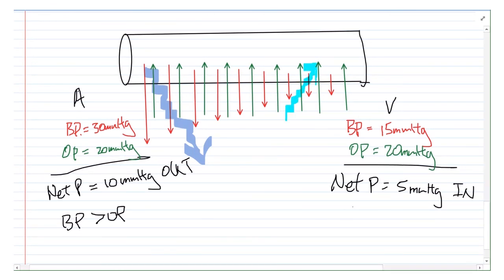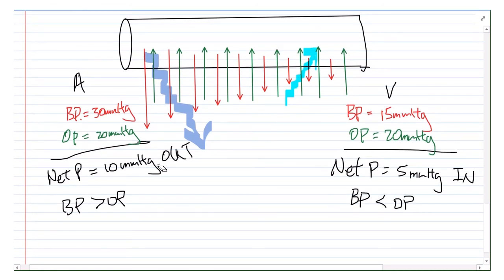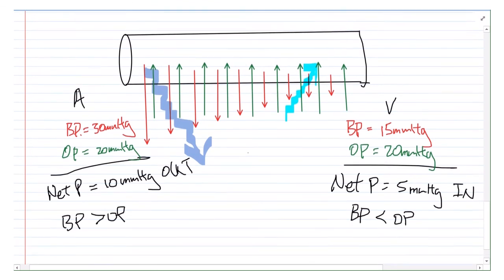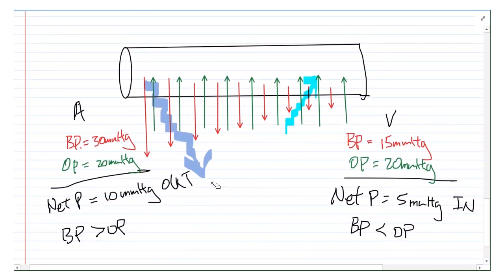Over here, BP is less than OP. But you can see the net pressure is greater on the arterial side than it is on the venous side, which means you are going to be losing more fluid than you are able to bring back in. So if this keeps happening, you're going to have fluids accumulating in the tissue.